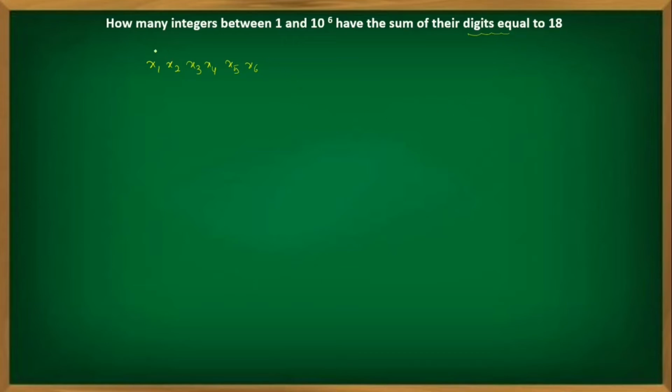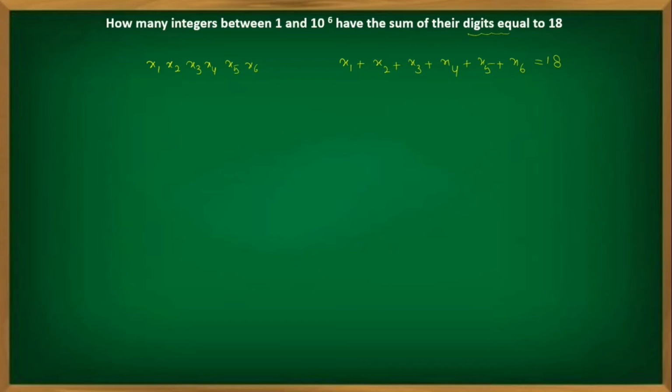So if the 6 digits are x1, x2, x3, x4, x5, x6, then x1 plus x2 plus x3 plus x4 plus x5 plus x6 should be 18. The sum of the digits should be equal to 18.